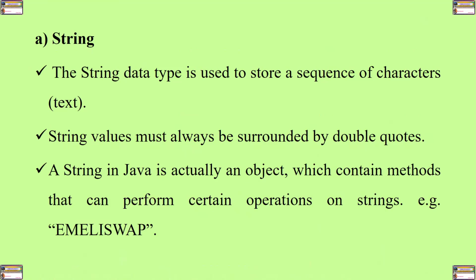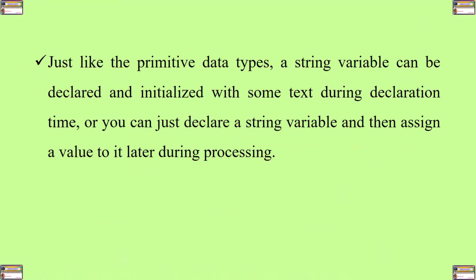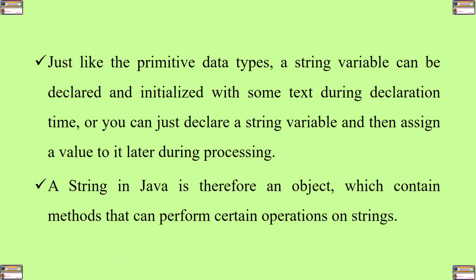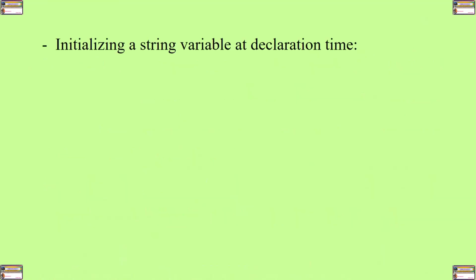Just like the primitive data types, a string variable can be declared and initialized with some text at declaration time. Or you can just declare a string variable and then assign a value to it later during processing. A string in Java is therefore an object which contains methods that perform certain operations on strings.